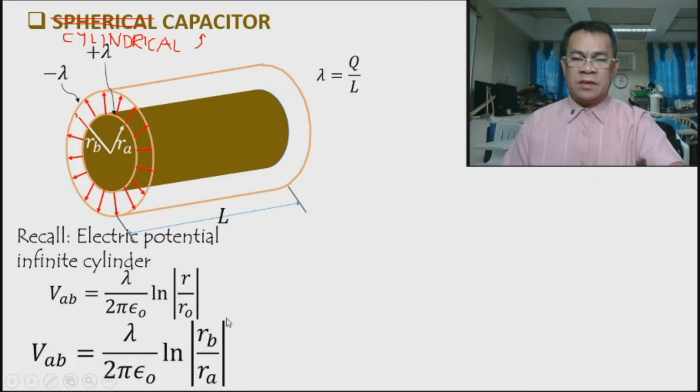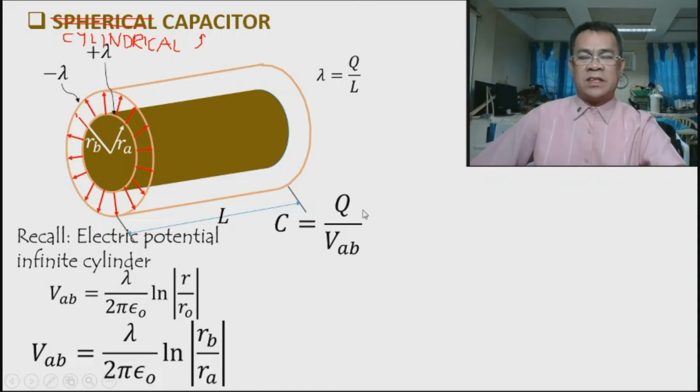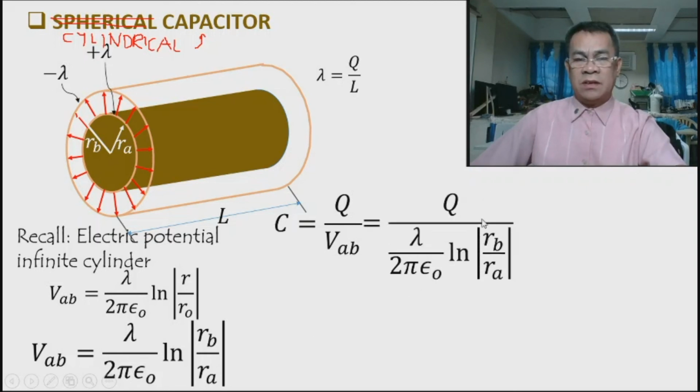If you are asked to calculate the potential difference, then use this formula. Going back to the general formula for the capacitance, Q over the potential difference, we now have the potential difference for the cylinder. All you need to do is substitute.